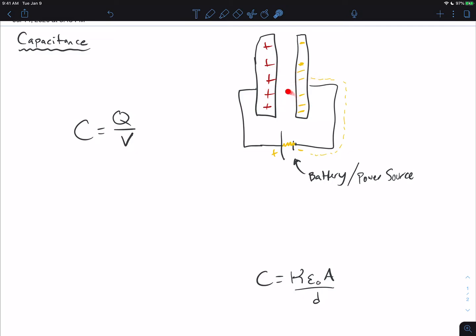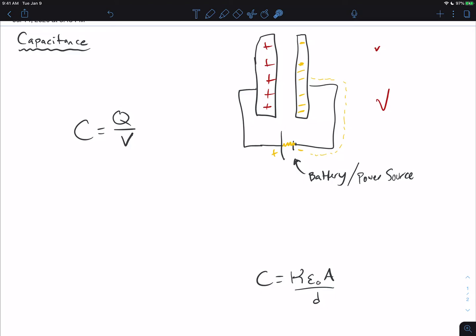They really want to be together so badly once I put a certain voltage on this that they'll start hopping over, but not until that point, right? So I can actually use this as a switch where I say, if I put a small voltage on here, I want you to get stuck right here, charges, don't move, don't flow. If I put a large voltage, okay, now I want you to start jumping over and I want you to flow through my circuit. So it allows us to do different things in our circuits.